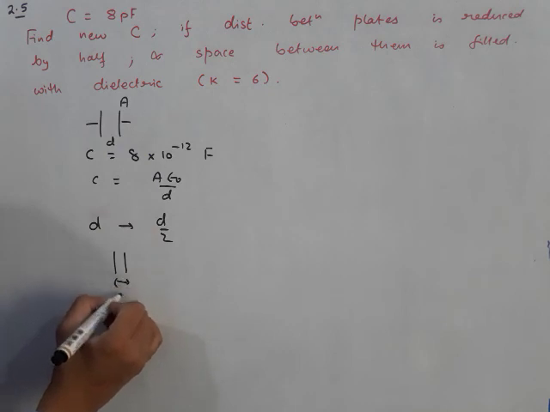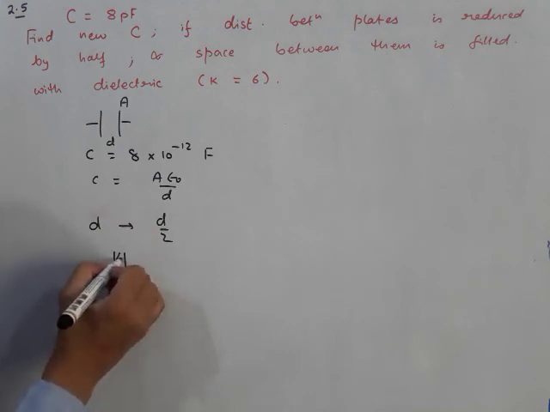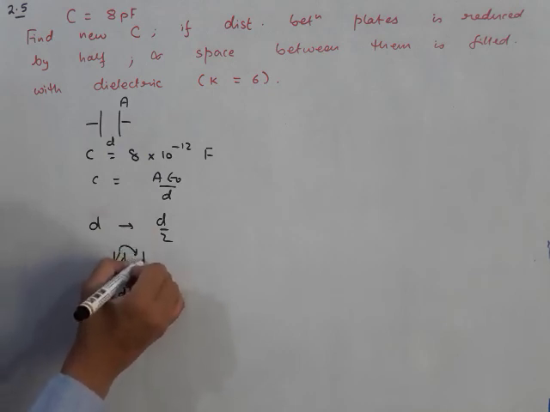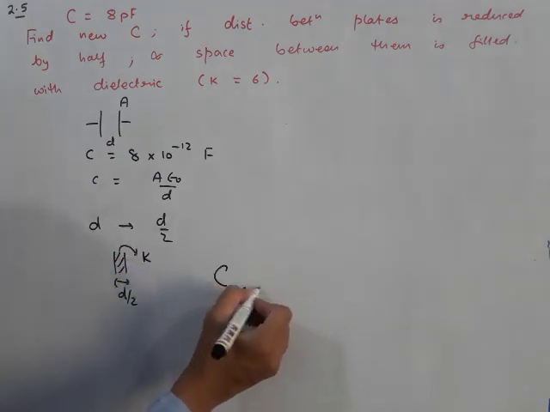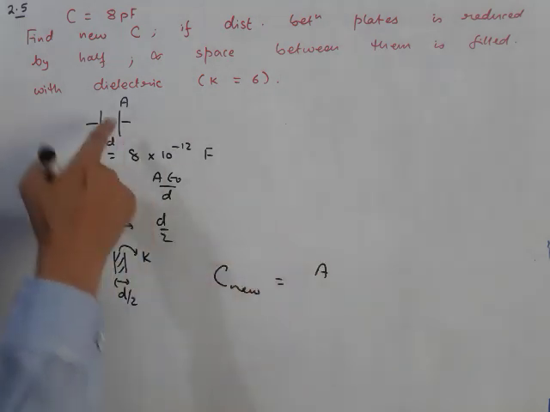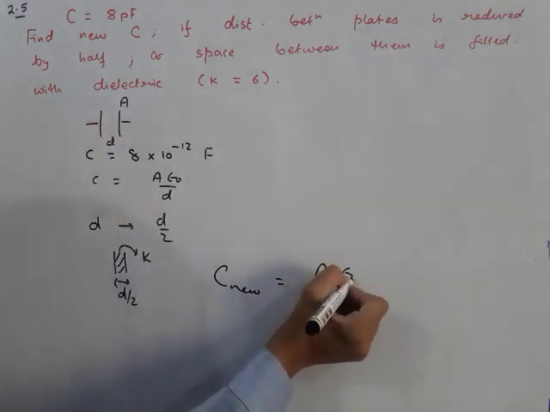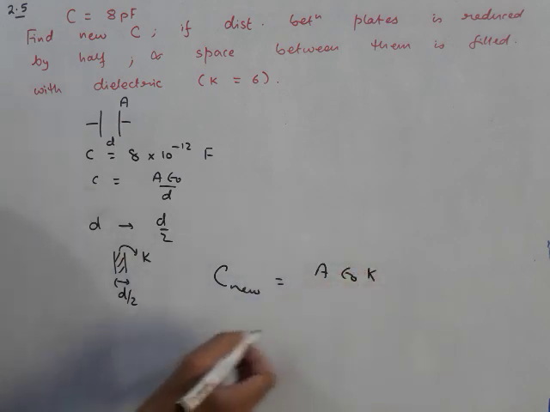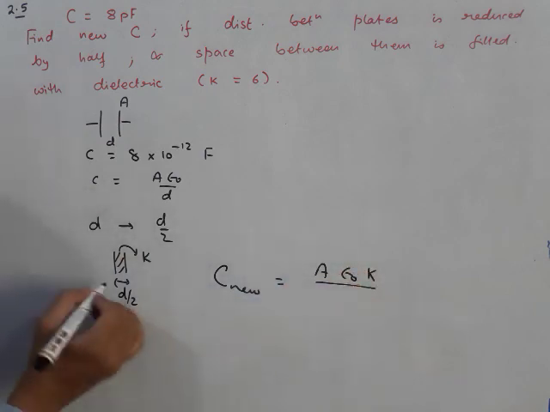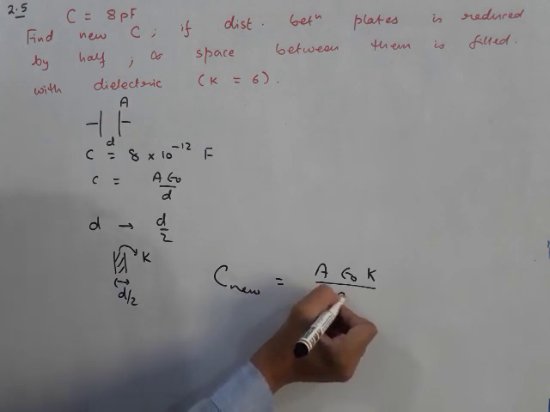Now the new separation is D by 2, and in between the plates there is a dielectric of dielectric constant K. So the new capacitance C new will become: area of the plate remains the same, epsilon naught, and because there is a dielectric we put K, upon the thickness between them, which is now not D but D by 2.